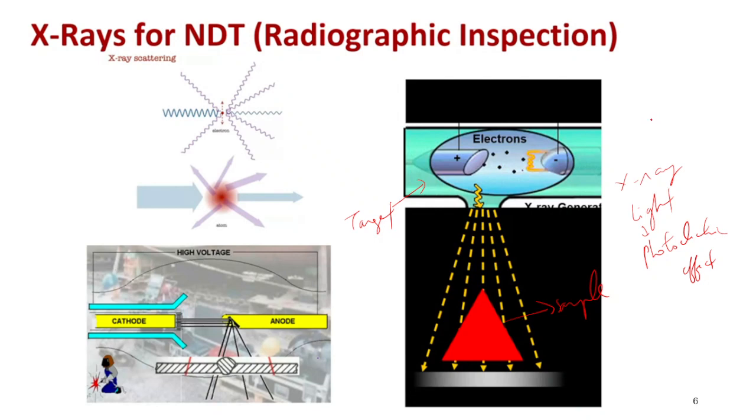No, the thing is, what happens is once the X-ray knocks out, you only get the radiation outside. So we have different atomic orbitals. This is the nucleus, and we have the electrons.